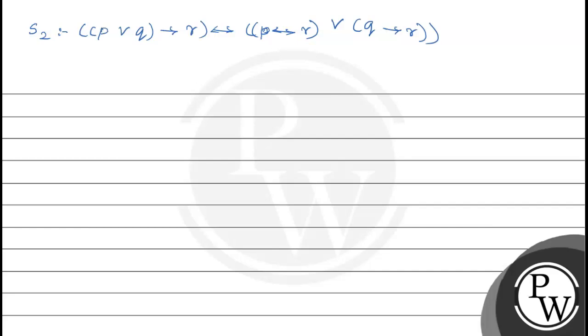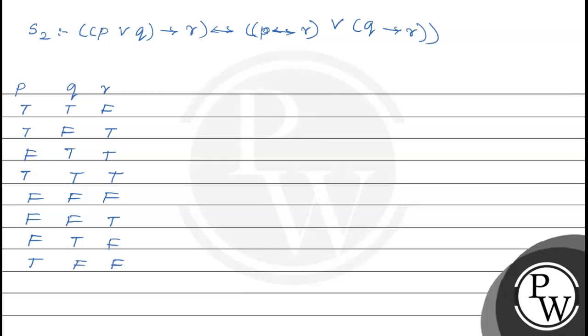Here we will take the same truth table P, Q, R. Let the values be true, true, false, true, false, true, false, true, true, true, true, true, false, false, false, false, false, true, false, true, false, and true, false, false.